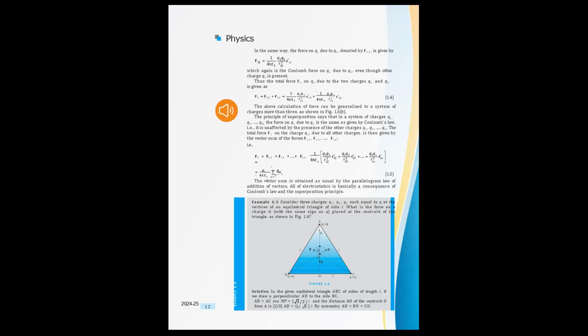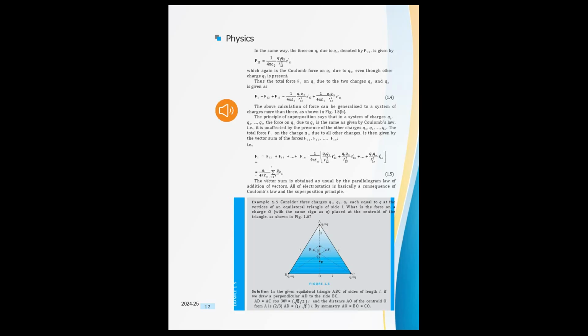The principle of superposition says that in a system of charges q1, q2, etc. up to qn, the force on q1 due to q2 is the same as given by Coulomb's law. That is, it is unaffected by the presence of the other charges q3, q4, etc. up to qn. The total force F1 on the charge q1 due to all other charges is then given by the vector sum of the forces F12, F13, etc. up to F1n.